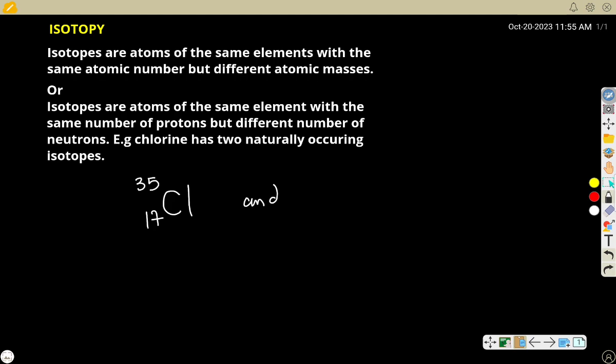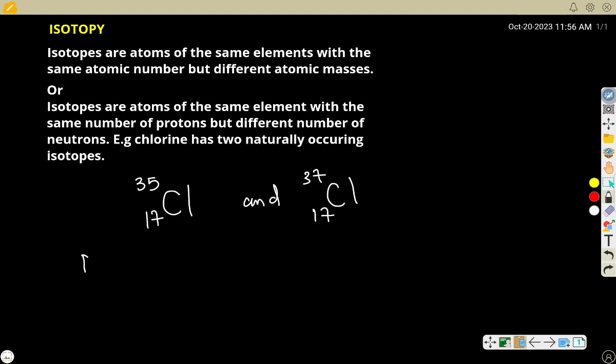And we have chlorine 37. Also, the number of proton is also 17. So isotopes are atoms of the same element with the same number of protons, that is 17, 17, but different number of neutrons. How can we get the number of neutrons?